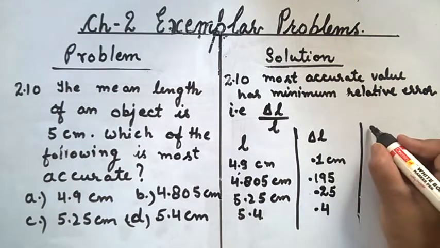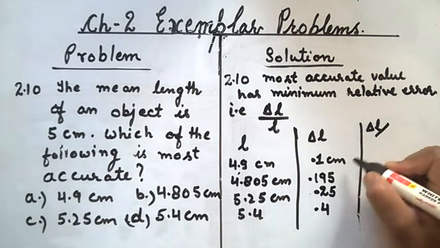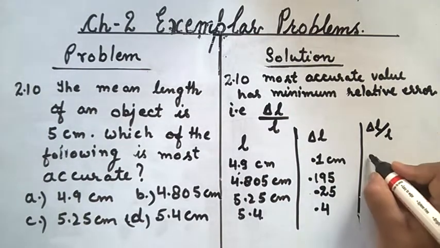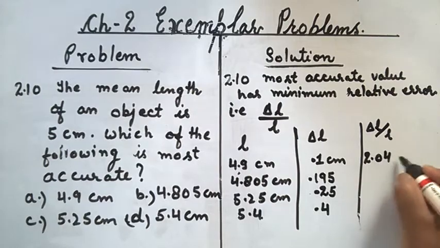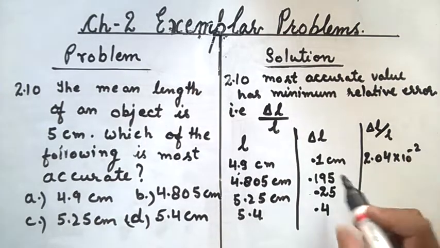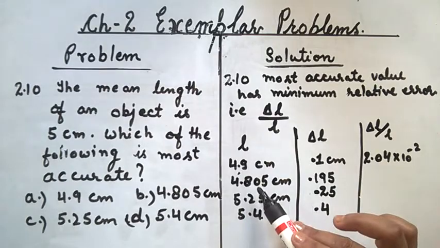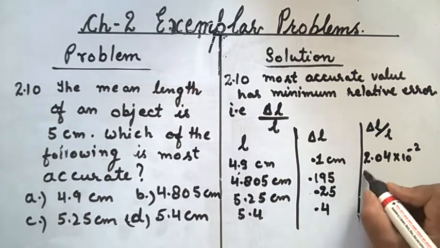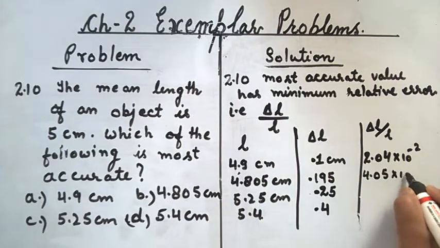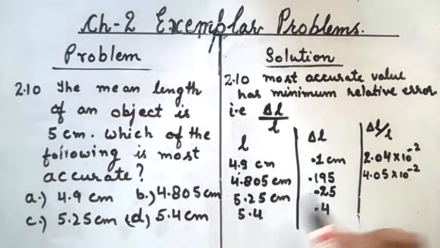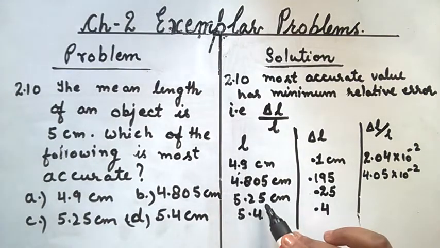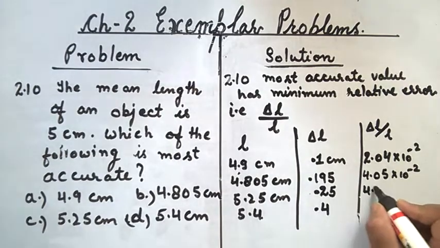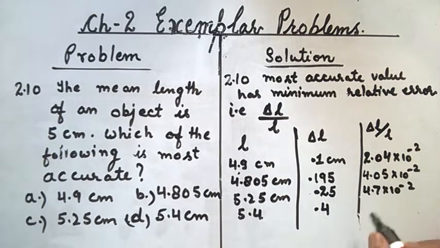So its relative value is 0.1 upon 4.9, equal to 2.04 into 10 raised to the power minus 2. 0.195 upon 4.805 is equal to 4.05 into 10 raised to the power minus 2. 0.25 upon 5.25 is equal to 4.7 into 10 raised to the power minus 2.